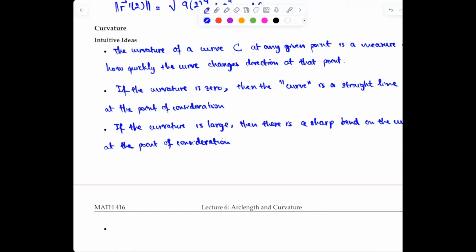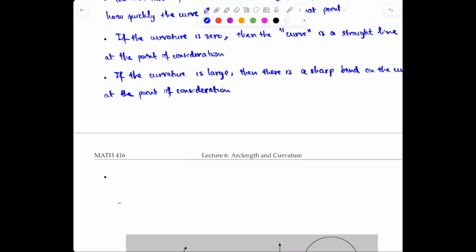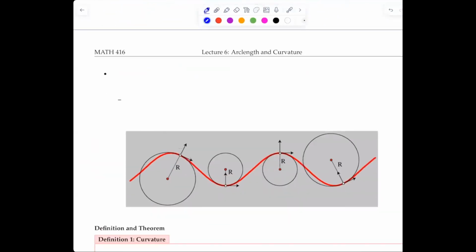Okay, so these first 3 bullets give you the intuitive idea of curvature along a curve. Now the next bullets give you the formula to allow you to formulate the curvature along a curve.